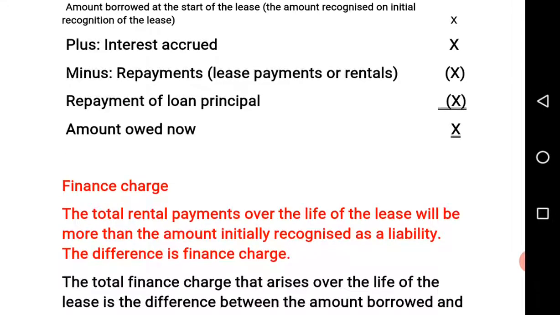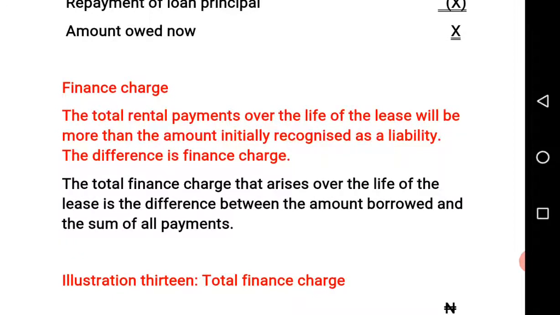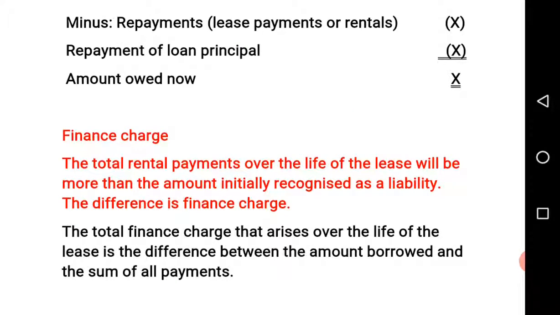We have a note on finance charge here. It says the total rental payment over the life of the lease will be more than the amount initially recognized as a liability. The difference is finance charge. Now the finance charge is a charge to the lessee because it's an extra payment on the cost of the assets and the initial direct cost.